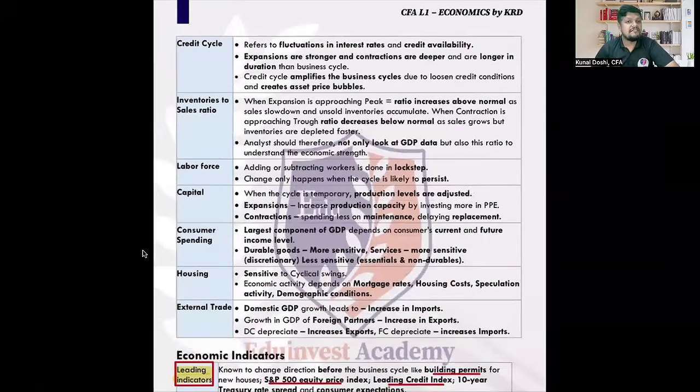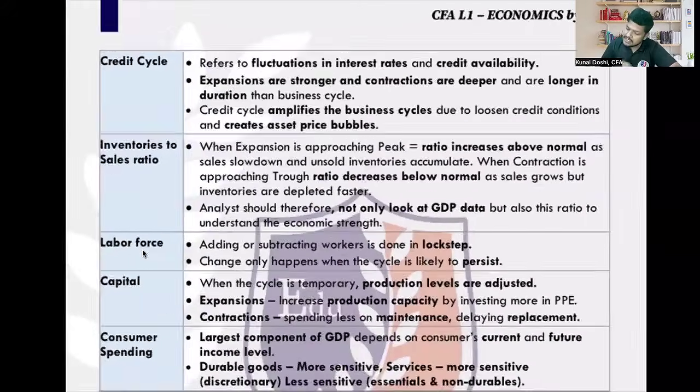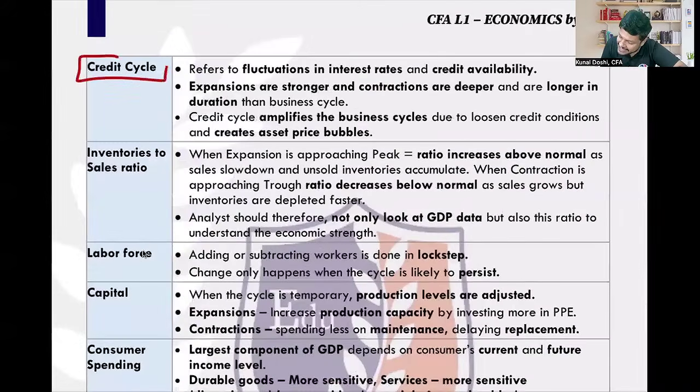Now, some of the factors which cause cyclical swings or fluctuation in the economy. The most important factor is the credit cycle. What is the credit cycle? It is fluctuation in interest rate, generally dictated by the monetary policy, that will tell us the availability of credit. Expansions are stronger and contractions are deeper and longer in duration than the business cycle.